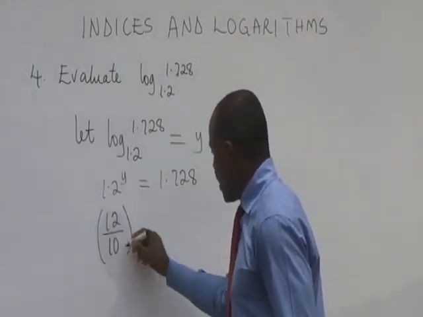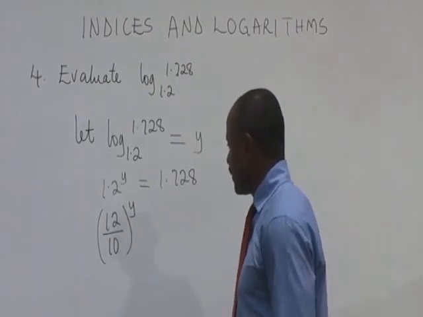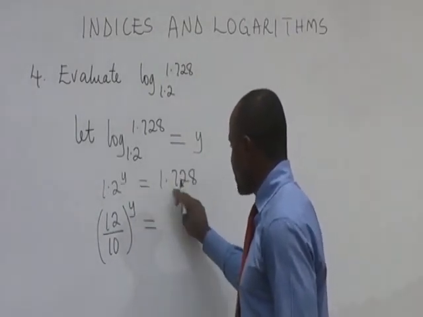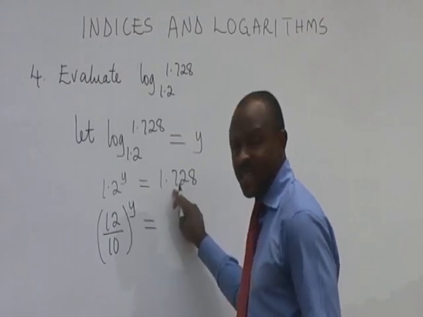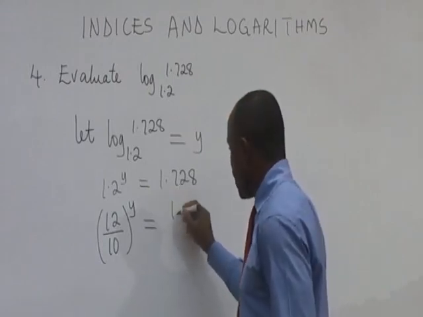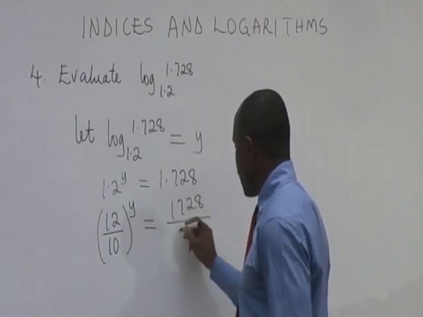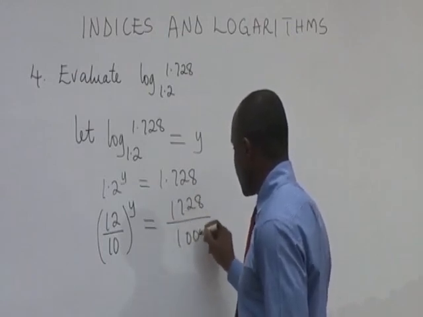This will be exponent y. Don't forget, is that equal to 1.728? The decimal number means 1728 divided by 1000.